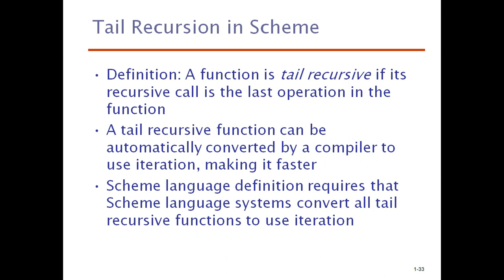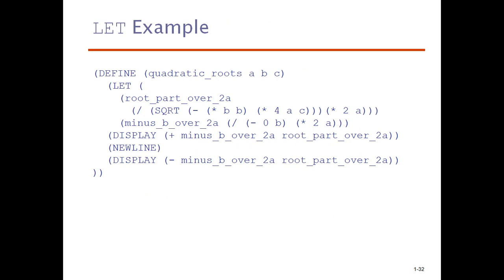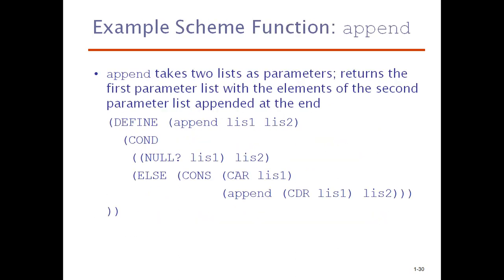For example, tail recursion means this is the function append. There is no recursion at the beginning of the function. However, there is a recursion at the end of the function. So whenever the recursion is identified at the end of the function, then it is tail recursion.